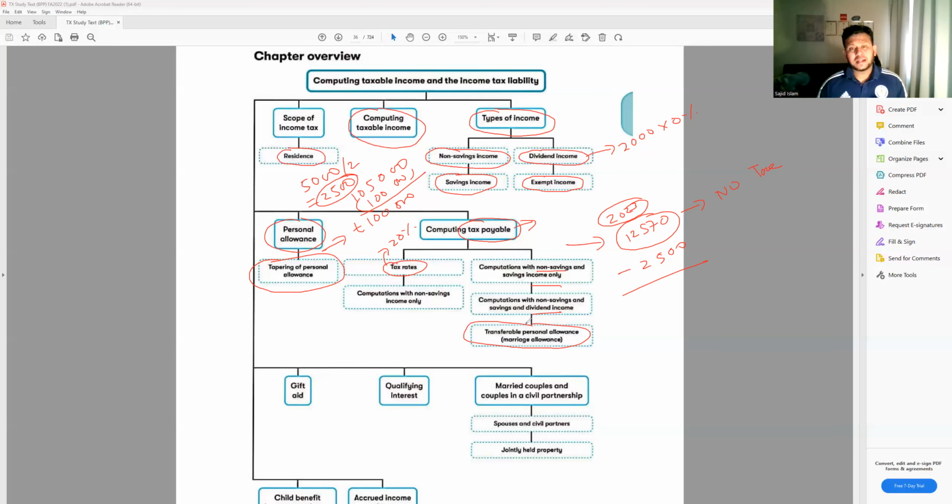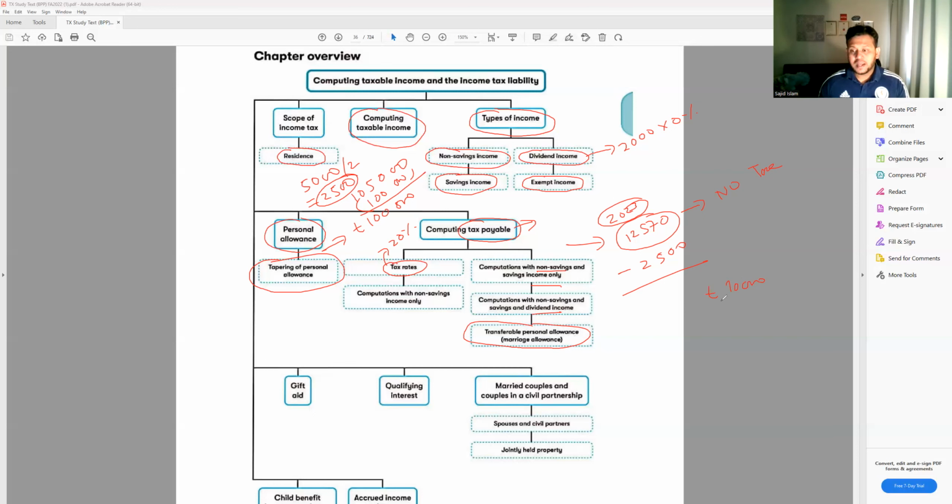For example, let's say your wife earned £10,000 and the personal allowance is 12,570, so she is earning less than 12,570.